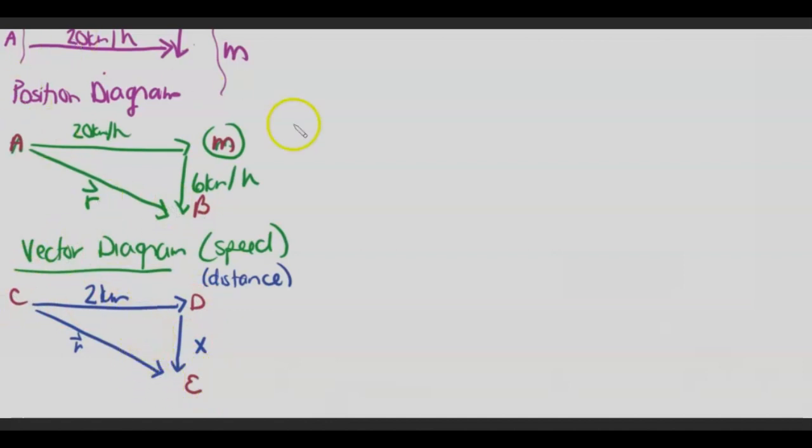So a little bit of a different approach. We can use similar triangles. Okay, so if you remember from grade 10, triangle AMB, in that order, relative to the angles, is going to be similar to CDE. One of these diagrams is in speed, kilometers per hour.